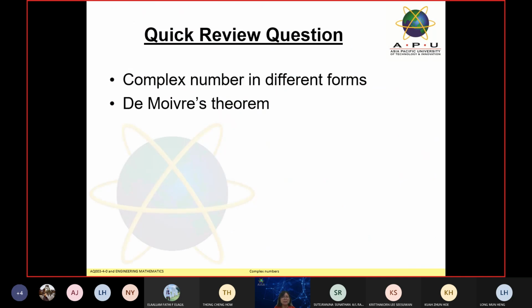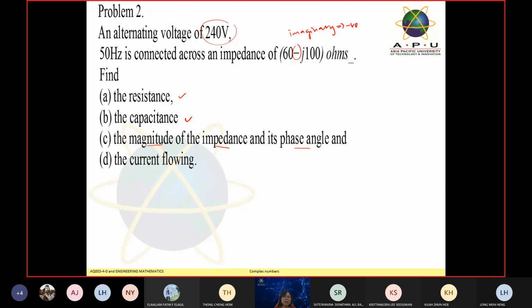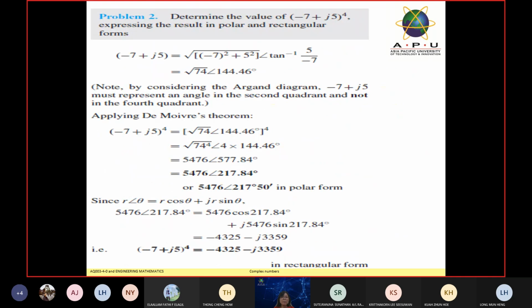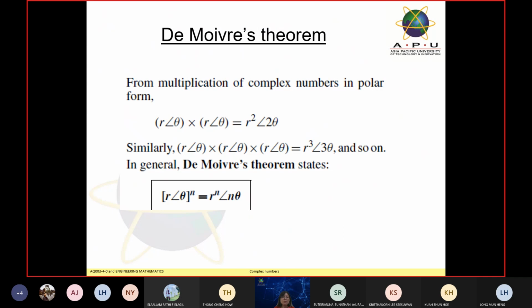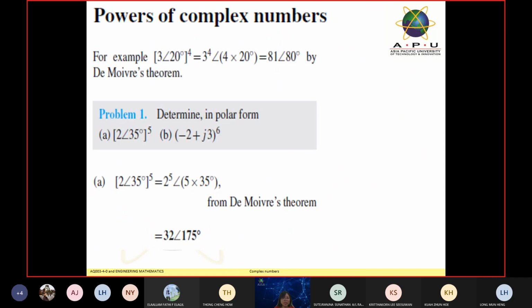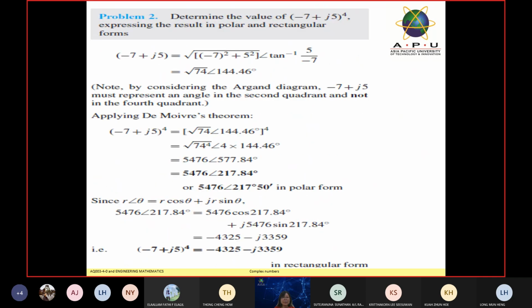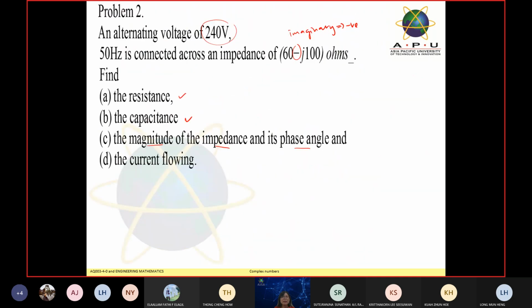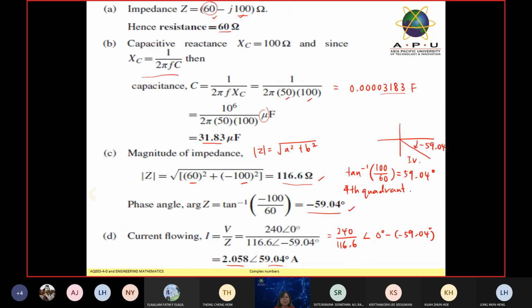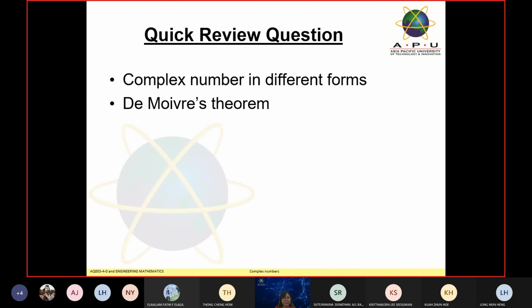So we have gone through a lot of things for these complex numbers. The last part was de Moivre's theorem, then we involved some applications of the complex numbers, which involved the impedance. Then we have done.